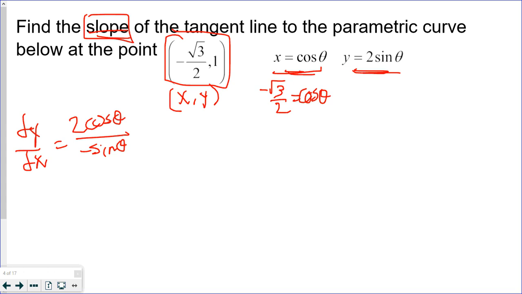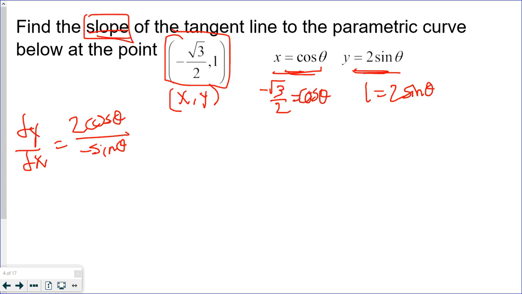And I have 1 equals 2 sine of theta, right? And can I not just solve for theta? I know it's two different equations, but it's the theta that they share in common where they have that coordinate point together. I mean, they've got to have the same position, so it's where the theta is the same value.